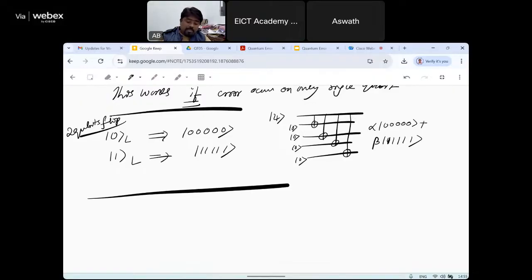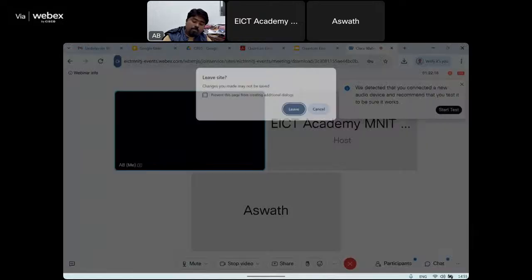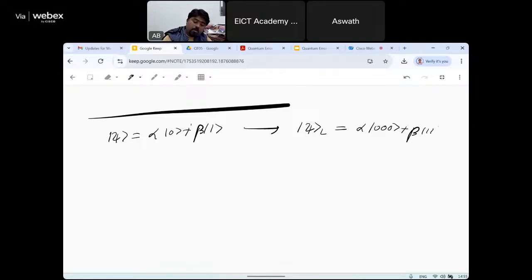Let's get back to the one qubit scenario where this is the information which is converted into a logical quantum state as alpha 0 0 0 plus beta 1 1 1.